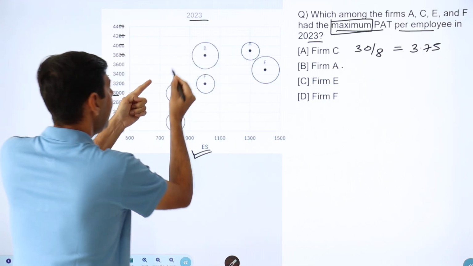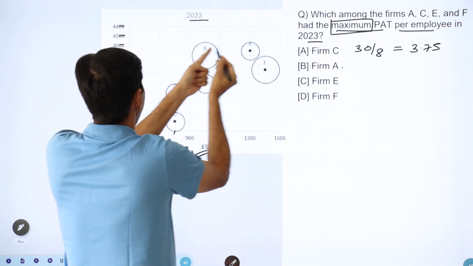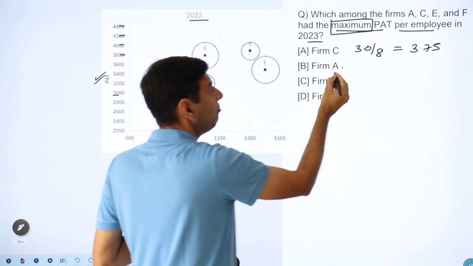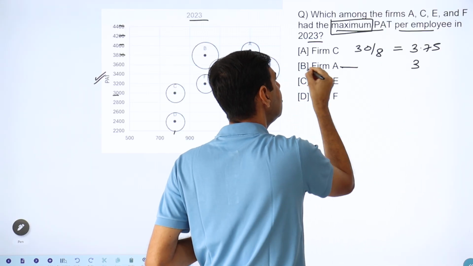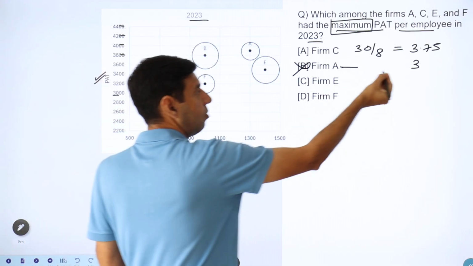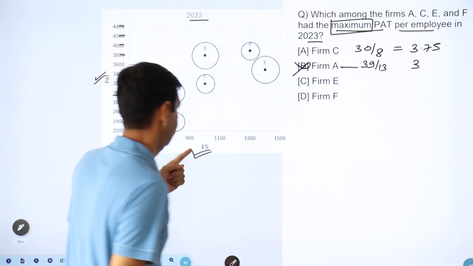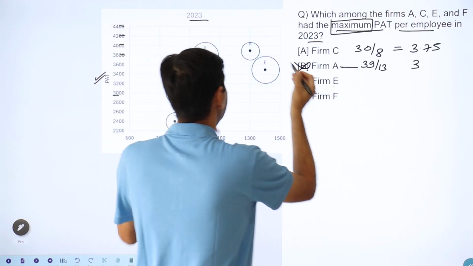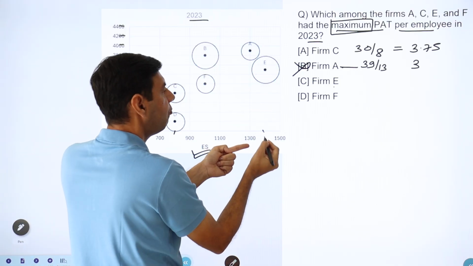What about firm A? Where's A? Here, very high up, right? So it could have a very high PAT. Oh, so that's 39. 39 by 13. For A, you should directly be writing 3. And this is not my answer because I already know something which is more. And how did we get that 3? 39 by 13. 13 is the employees. Okay, coming to E, again a little high, 35 PAT over 14.